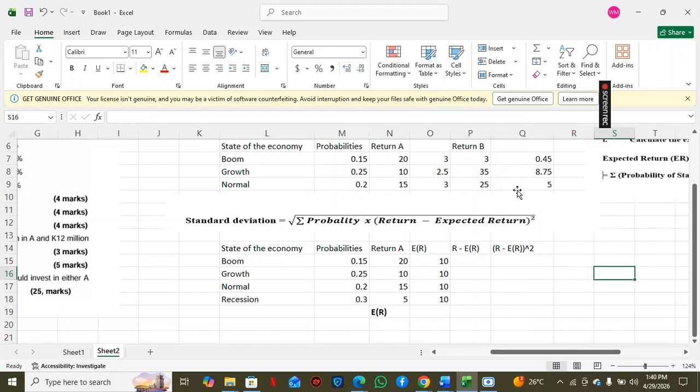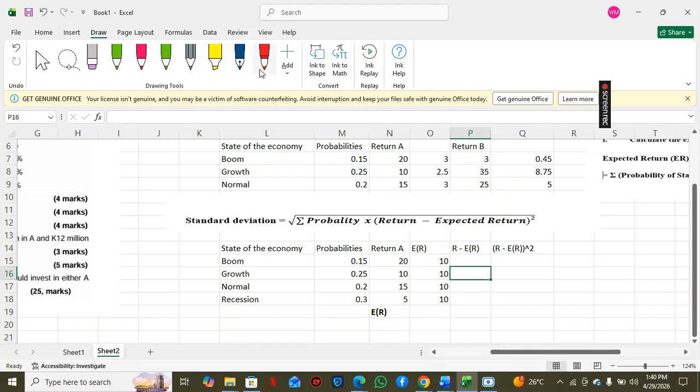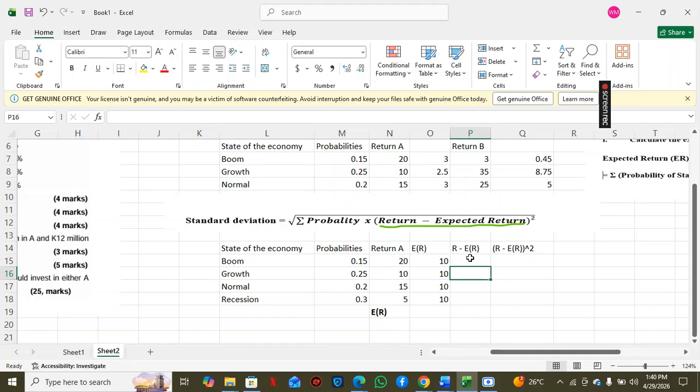And then, as the formula is saying, we're going to start with this part here, where we're going to subtract the return minus the expected return. This is called the deviation.